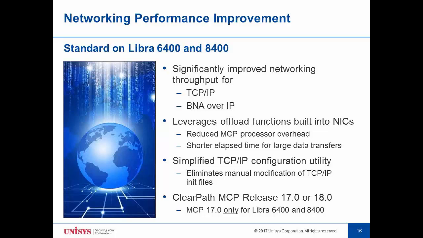It significantly improves the networking throughput of these protocols, where at the same time we're reducing the MCP processor overhead, and you'll have a shorter elapsed time for a large file transfer that goes through this new design.